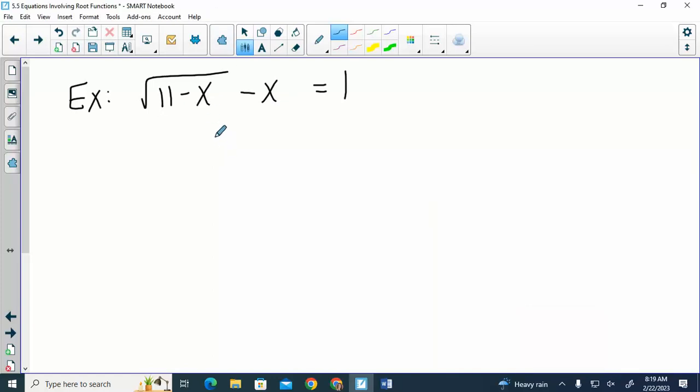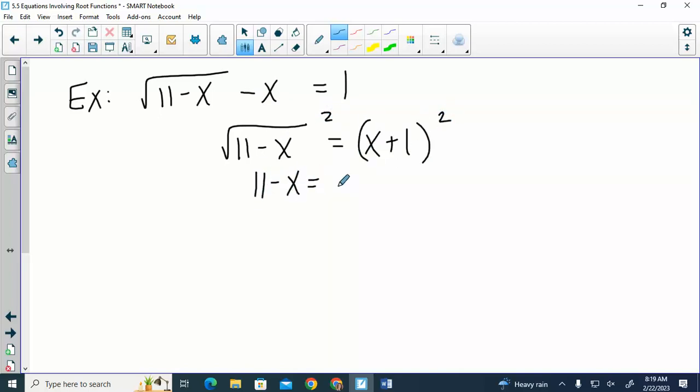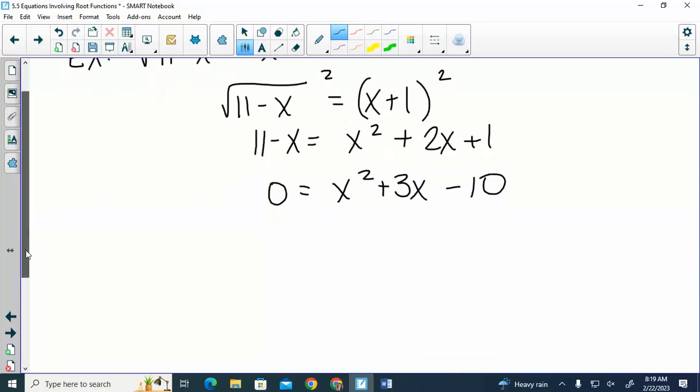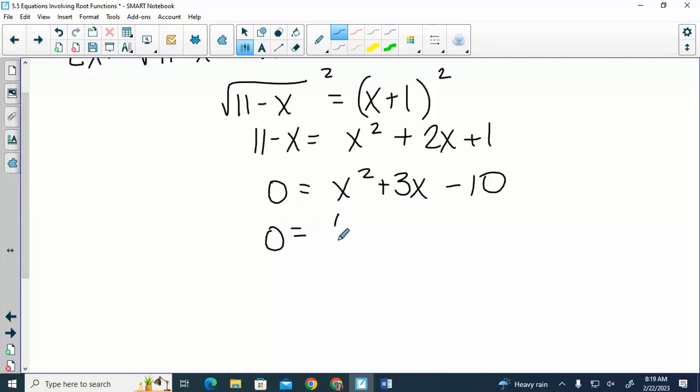It's been a while. Heavy brain. Alright, so we add over the x, and then to square, we have to FOIL on the right. So you get 11 minus x equals x squared plus 2x plus 1. Add over your x, subtract your 11. What multiplies to negative 10 and adds to positive 3?